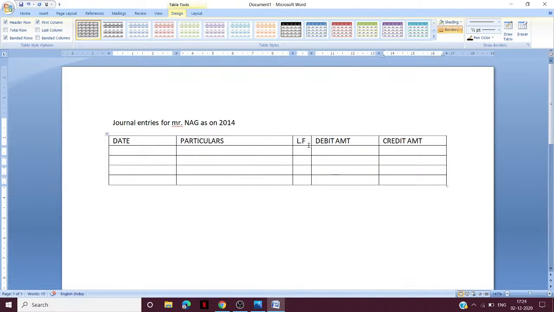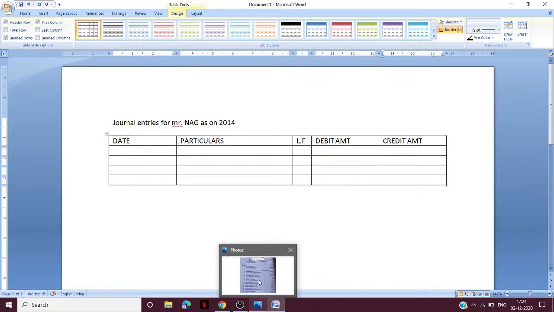LF is nothing but ledger folio, which shows that this transaction will appear in this number of the ledger. That's why we write the LF number. So this is the format. Hope you understand the format. Let's go into the sum now.